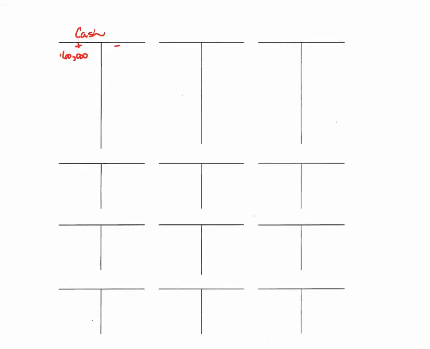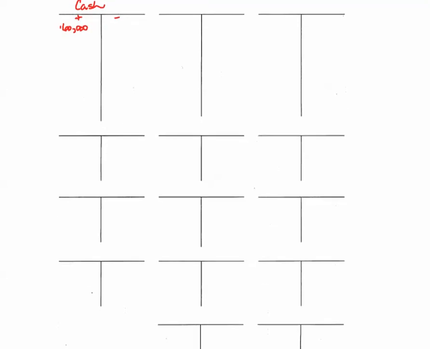So we're going to put that down here, owner's equity, and this will be a matching entry on the other side. So that's going to be $100,000 on this side. When we increase owner's equity, it happens on the right-hand side. And if we decrease owner's equity, it happens on the left-hand side.